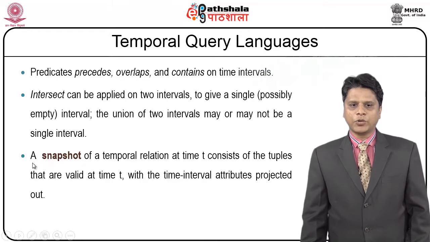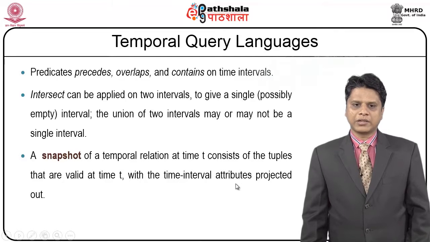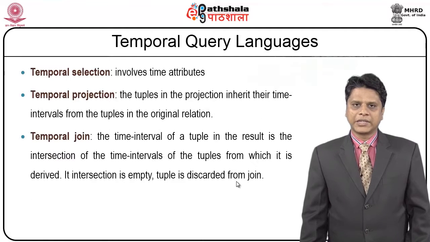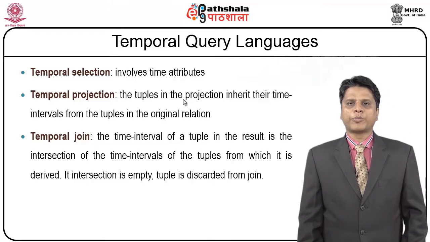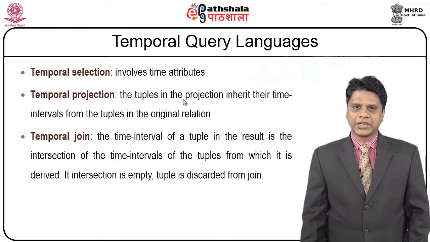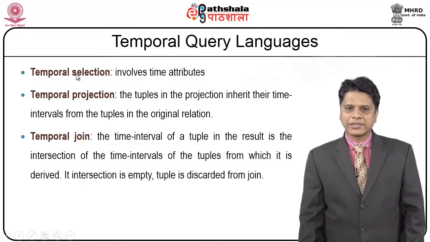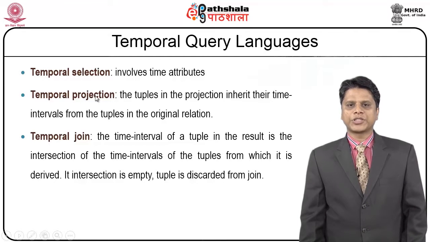We might also take a snapshot of a temporal relation at time t, consisting of the tuples that are valid at time t, with the time interval attributes projected out. Further, temporal query languages also support major relational algebra operators like temporal selection, temporal projection and temporal join.